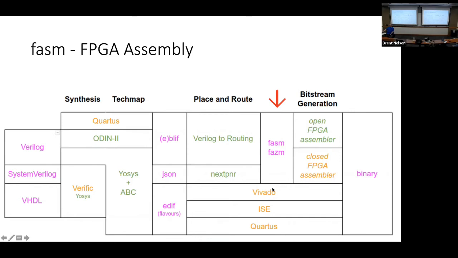Now, of course, the commercial tools can generate their own bit streams without any help. And so they're calling these bit stream generation programs FPGA assemblers. Project X-Ray would be an example of one of these. So FASM, FPGA assembly language. Yeah, it's that thing that you can use to generate the final executable.